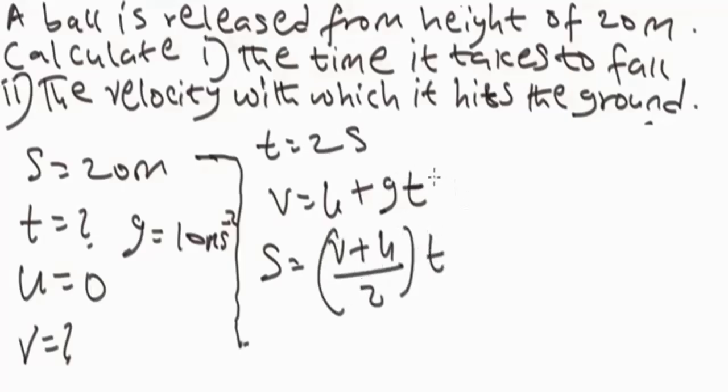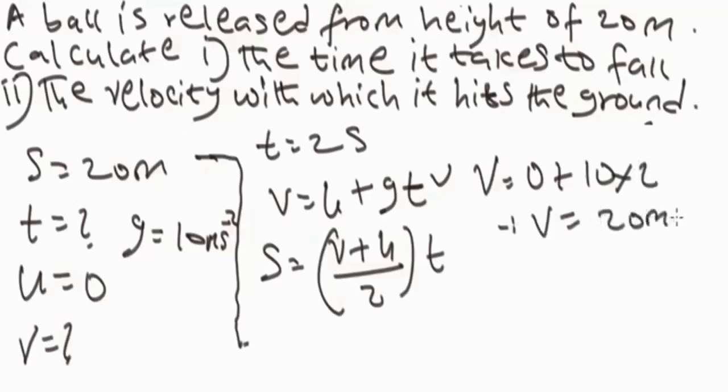Any one will work, but let's use this one first. To find v, the initial velocity is 0 plus our g is 10, times our time, 2. Therefore, the final velocity will be 20 meters per second.